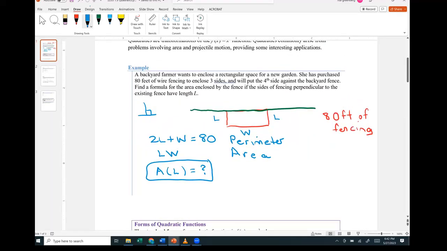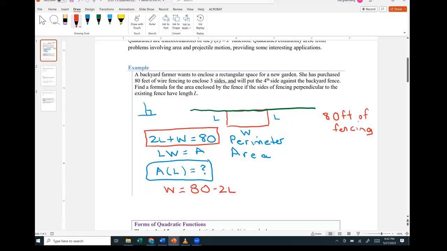Now, L times W equals area. And we're going to get area in terms of L. I also know that from this equation, W is going to equal 80, and I'm just going to subtract 2L from both sides, so I can say minus 2L.